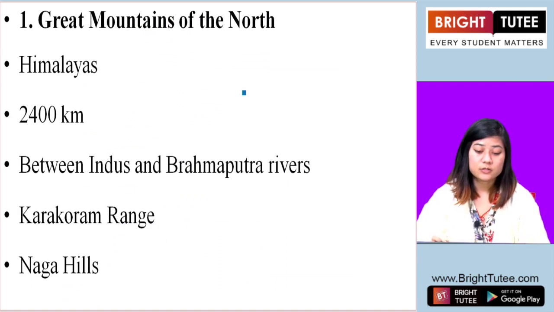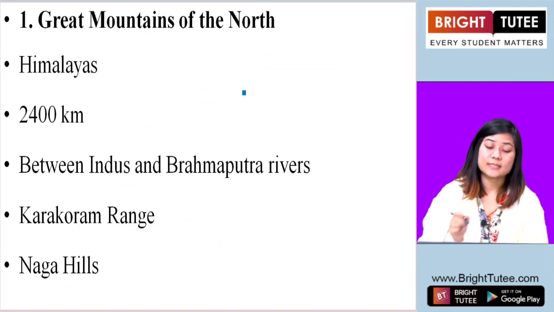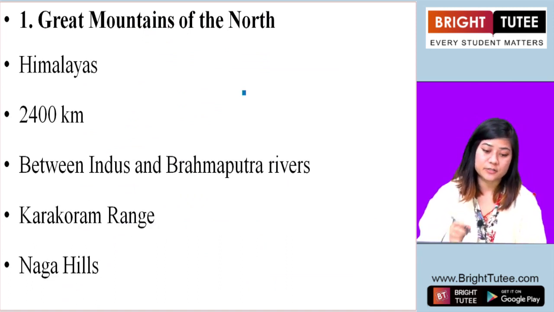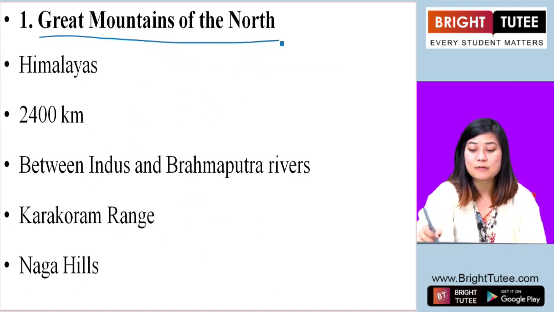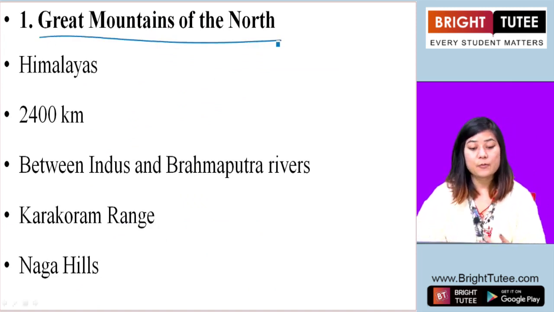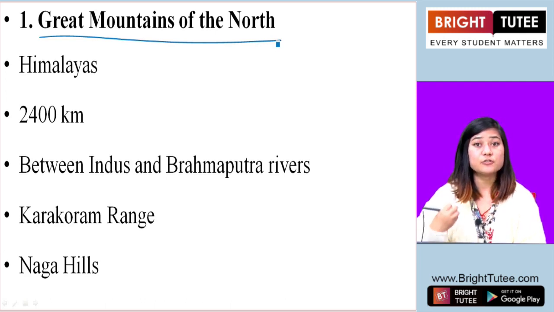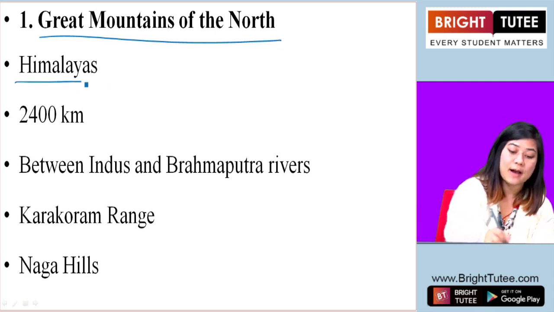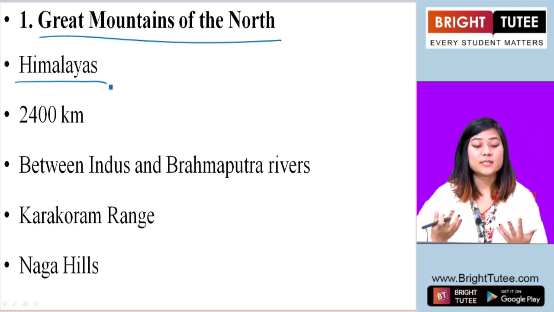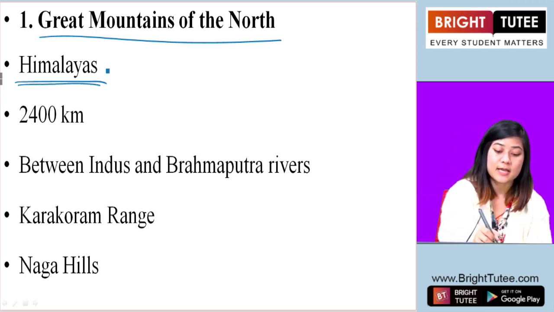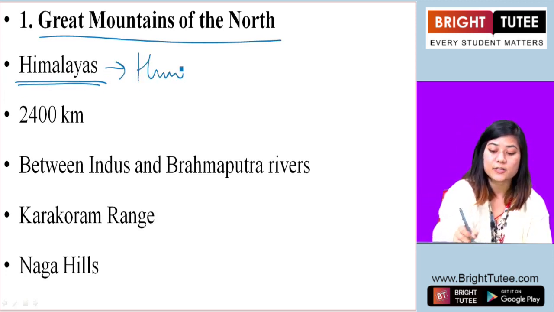We will now look at the first physiographic division, the Great Mountains of the North. When we say the Great Mountains of the North, one should be quickly reminded of the Himalayas. What is the Great Mountain in the north? It is the Himalayas, the Himalayan Range.